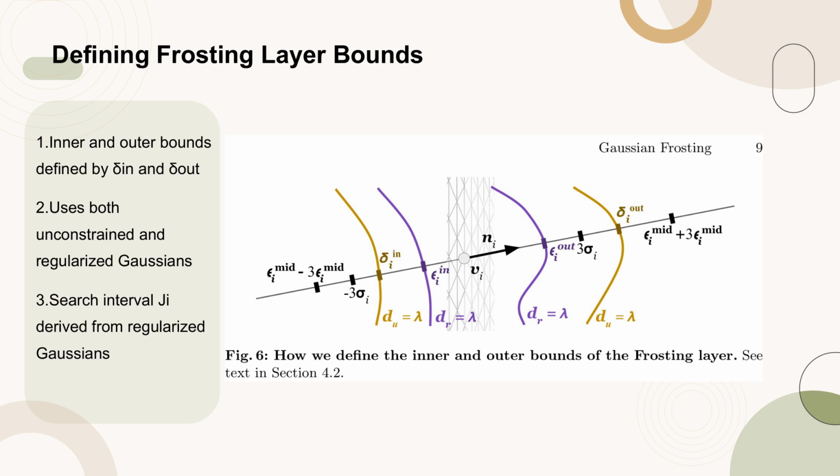The process involves considering both unconstrained and regularized Gaussians to ensure accurate thickness estimation. The search interval G is derived from the regularized Gaussians, ensuring that the isosurfaces close to the scene's surface are considered. This method helps in accurately defining the frosting layer, which is essential for realistic volumetric rendering of fuzzy materials.